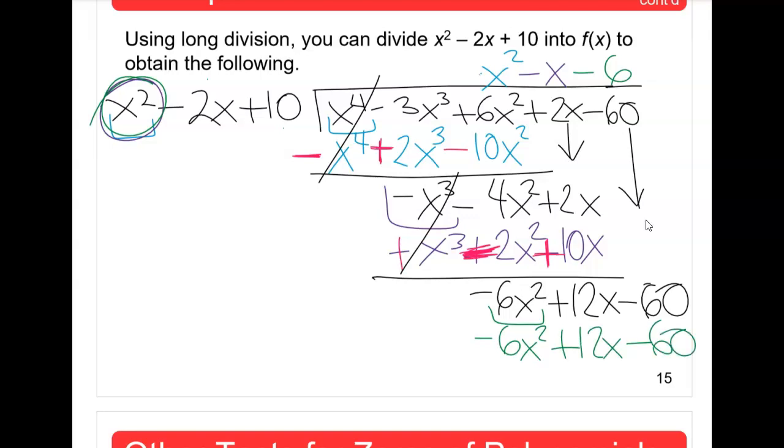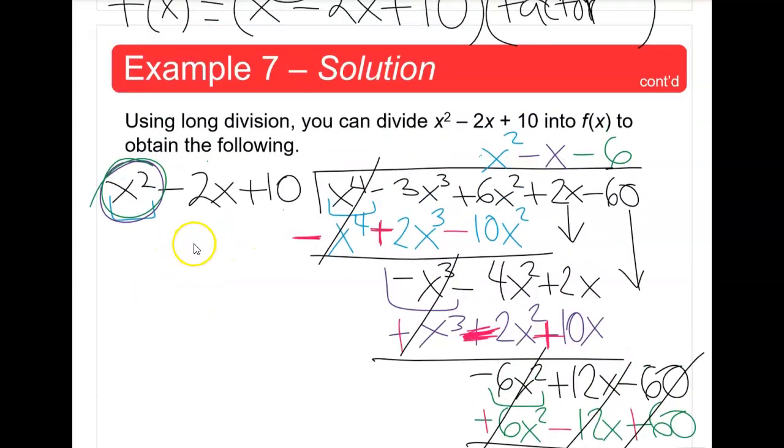And then finally I need to subtract. So I'm going to change the signs. And you can see that everything will cancel very nicely. The remainder is 0.